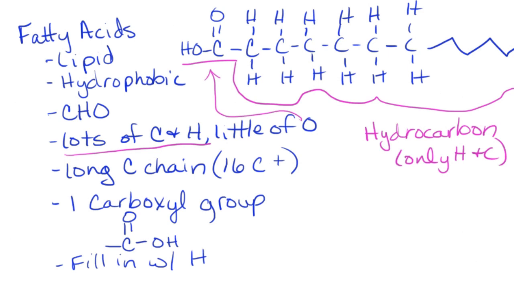What this means is that most of the bonds are going to be non-polar covalent bonds. And that is really what gives us this property of lipids and of fatty acids, the fact that they're hydrophobic, because hydrophobic molecules are going to be primarily non-polar molecules, or molecules that have a lot of non-polar covalent bonds. So that's one example of a fatty acid right there.